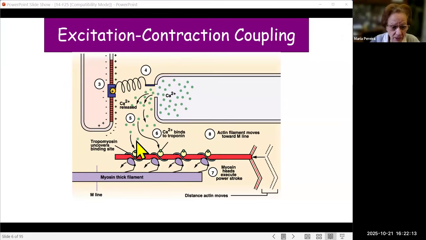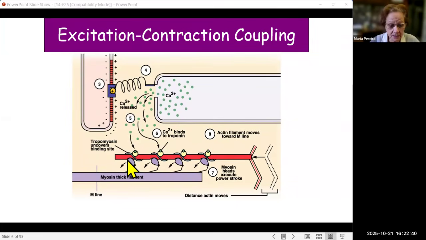But now when calcium, here represented by these green circles, binds to troponin, you see troponin binding calcium, it causes a change in position of the tropomyosin. And now the actin binding sites are open or exposed so that the myosin heads can bind to the actin.